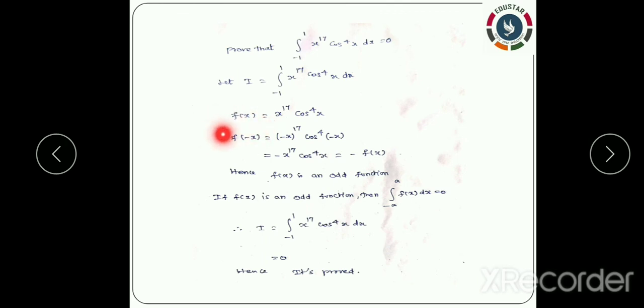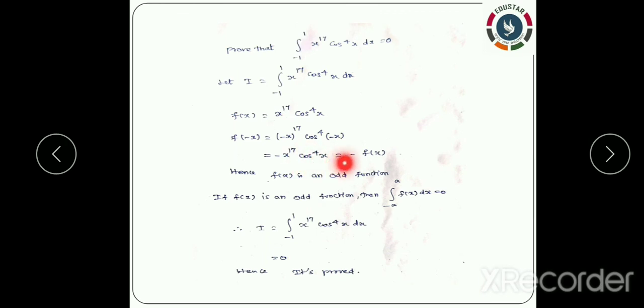Suppose we replace x with minus x in that function. Then we get f of minus x equals (minus x) to the power of 17 into cos to the power 4 of (minus x). We know that (minus x) to the power of 17 is minus x to the power of 17, and cos to the power 4 of (minus x) is cos to the power 4 x.